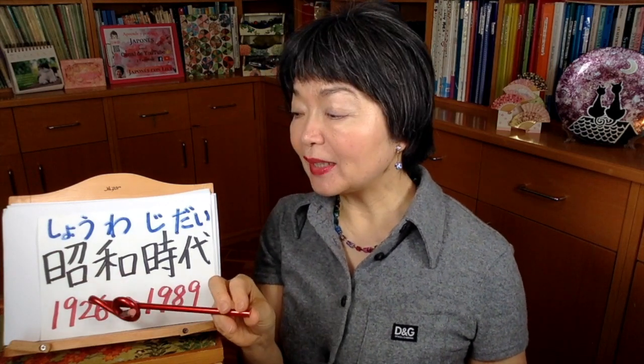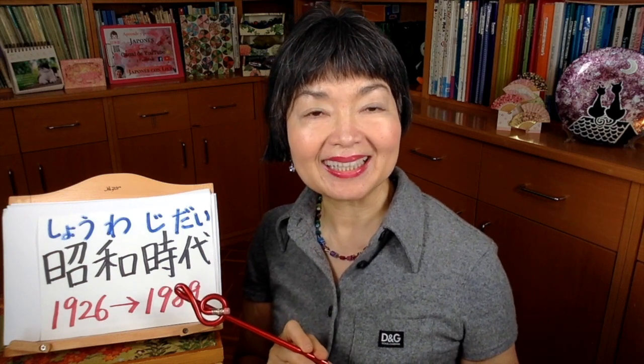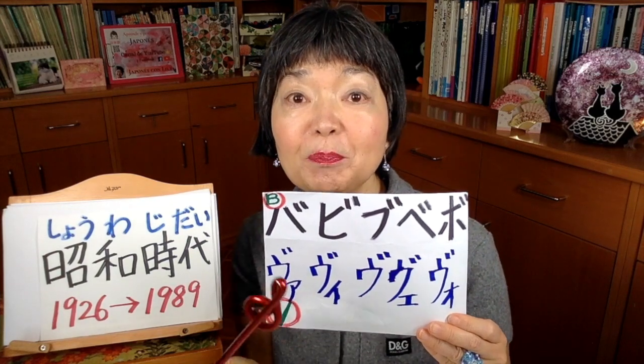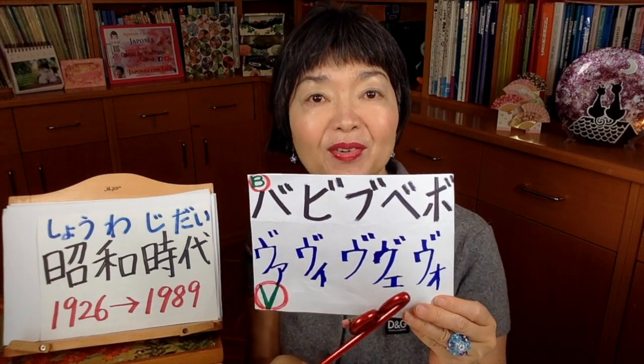But in the Showa era, Showa period, from 1926 till 1989, in 1954, a few years before I was born, the Japanese government recommended using ba bi bu be bo with B sound all the time, not va, vi, vu, ve, vo.